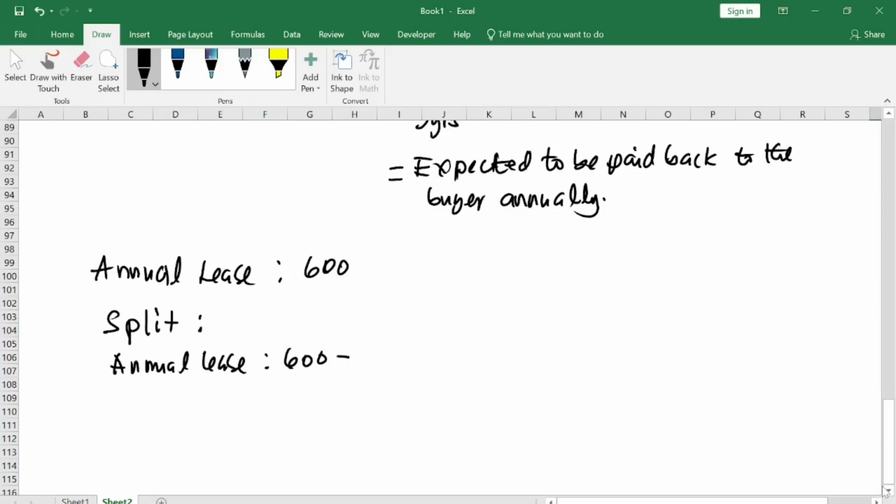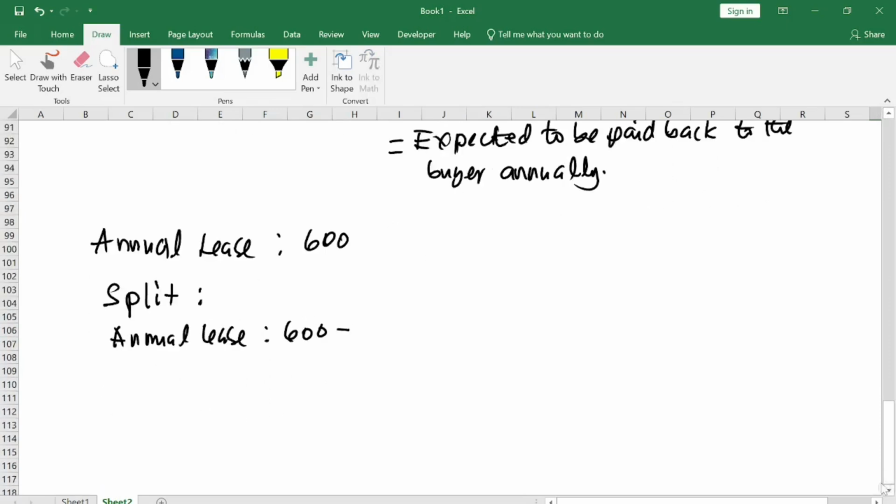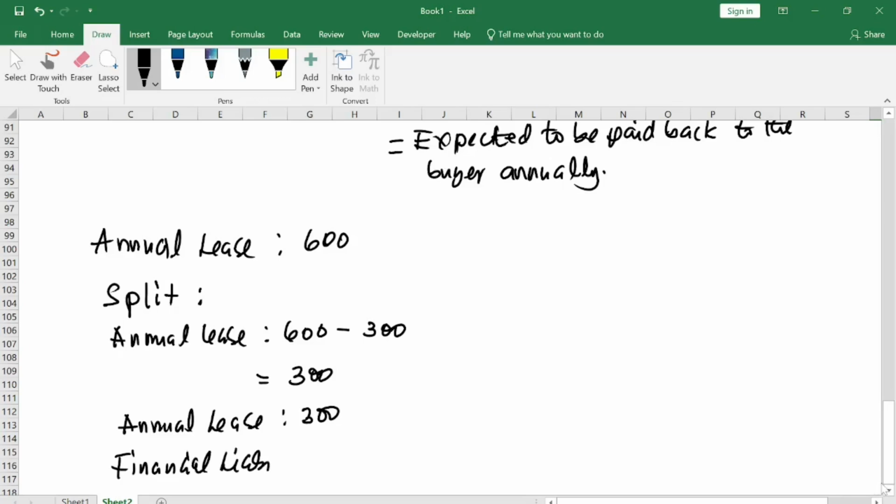Then you less the financial liability that he will be paying annually, which is also 300. When you less it, you will have 300. So after the split, you will have your annual lease payment to be 300. Then you also have your financial liability that you'll be paying every year, 300. Good.